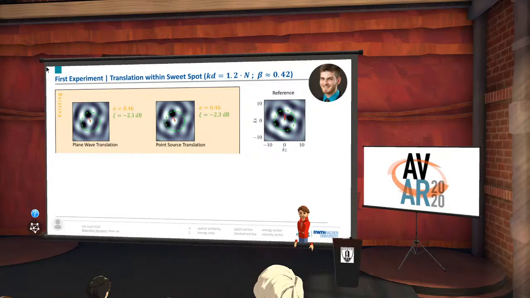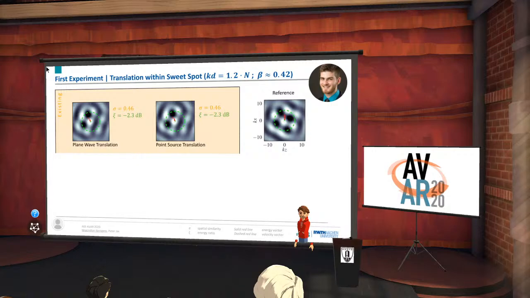But the right half in the sweet spot is different. And this yields a mixed performance in the spatial fidelity metric sigma, which is only 0.46. And I would say that the energy ratio is okay with minus 2.3 dB.